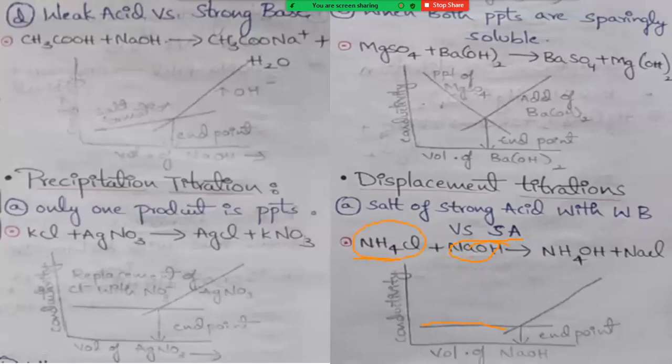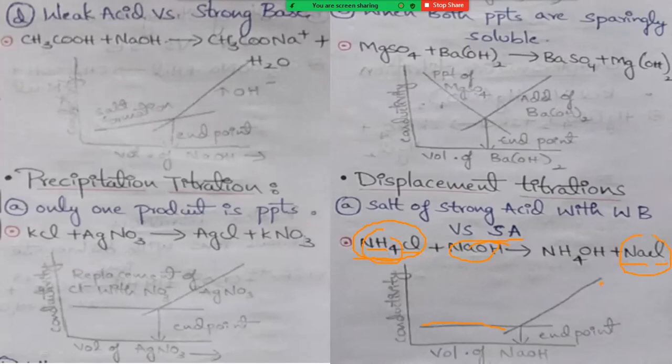Ammonium chloride has ammonium ions and chloride ions, and here we form sodium ions and chloride ions. Due to the presence of similar ions, the ammonium ions are displaced by sodium ions, and chloride ions are displaced by chloride ions. That's why this is called displacement titration.